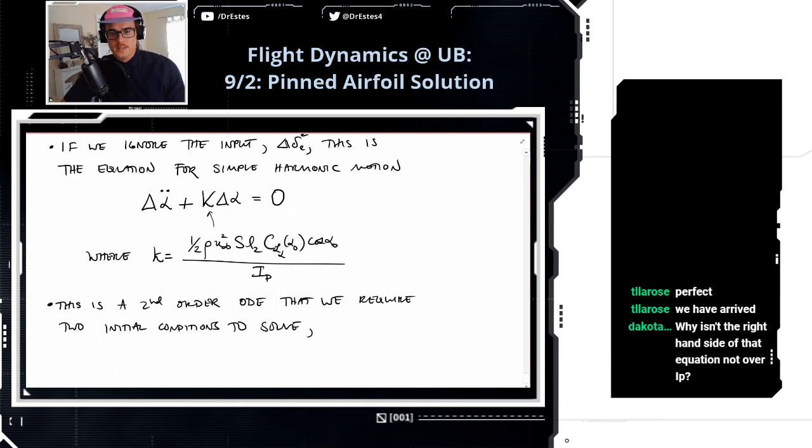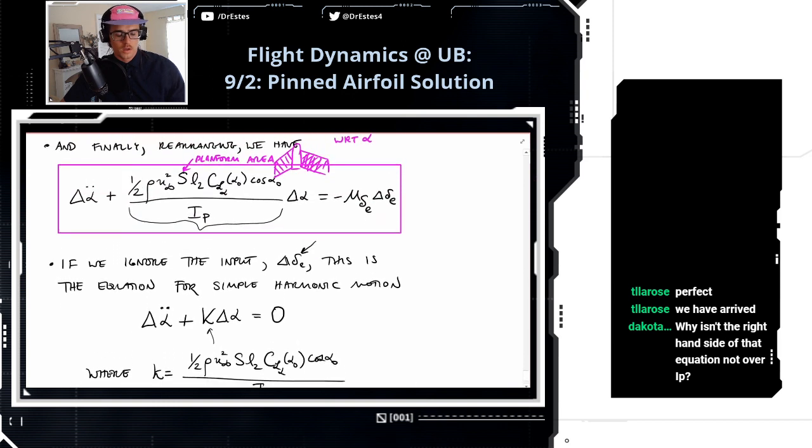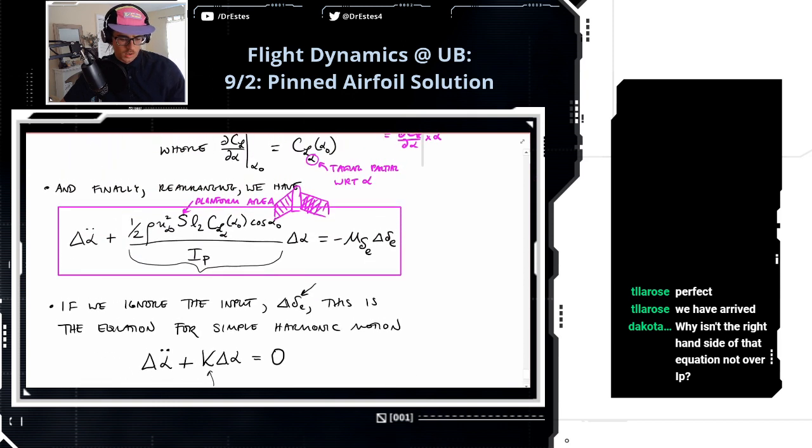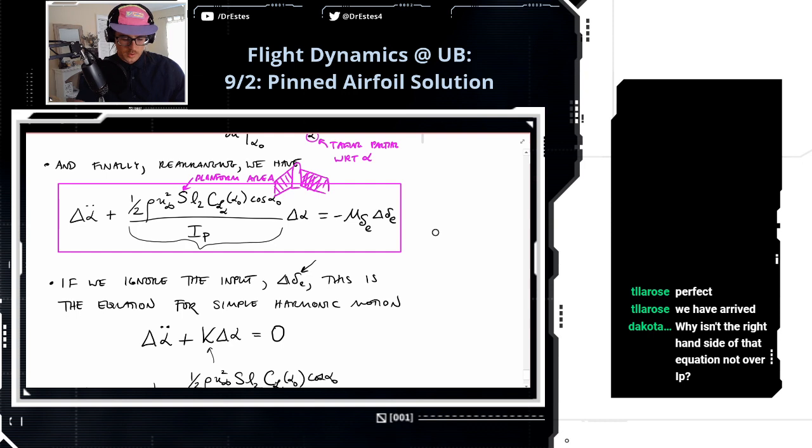Why isn't the right-hand side of that equation over... Oh, very good point, Dakota. Thank you. So what Dakota's saying is, over here we have this moment coefficient times delta, but it should be divided by this moment of inertia about the pin. Thank you very much, Dakota.